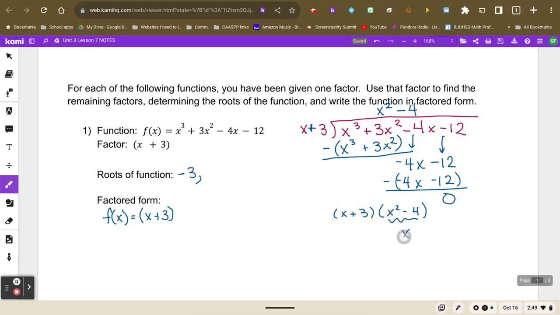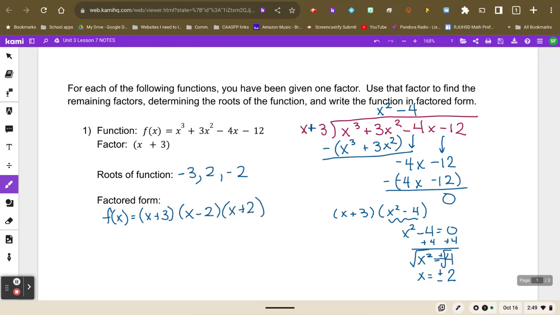So we're going to go x squared minus 4 equals 0. Add 4 to both sides. x squared equals 4. Take the square root, put a plus and minus. x equals a positive and a negative 2. So we know it's going to cross at 2 and negative 2. So when we write it, we always do the opposite: x minus 2, x plus 2. And that's how you're going to be doing these.